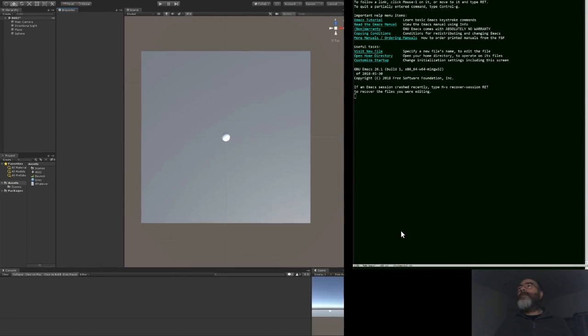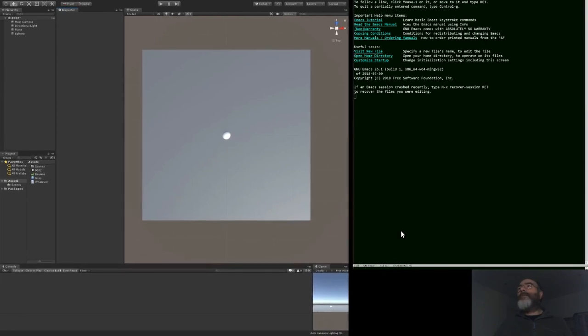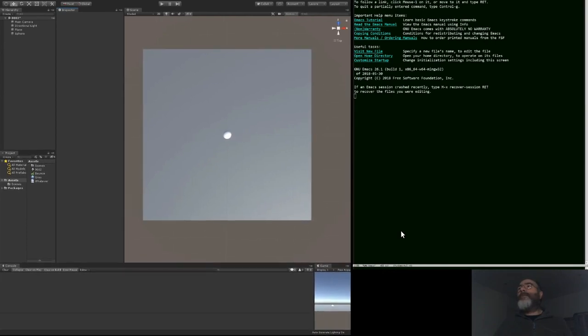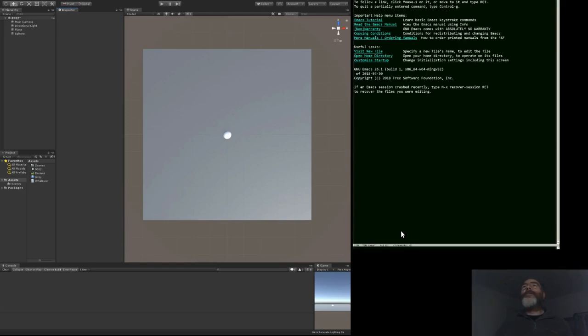I think that works. And I've got them side by side. I've got my screen at high resolution. I don't want to do a whole screen capture.